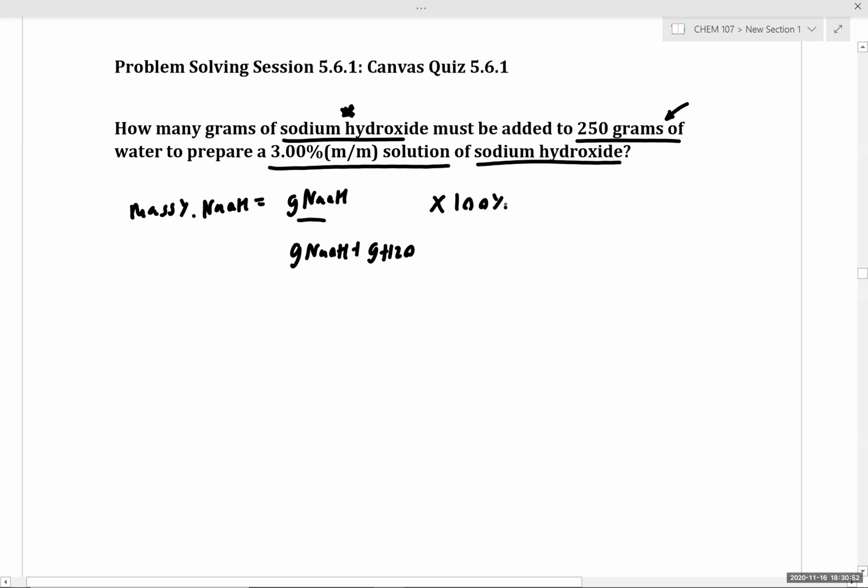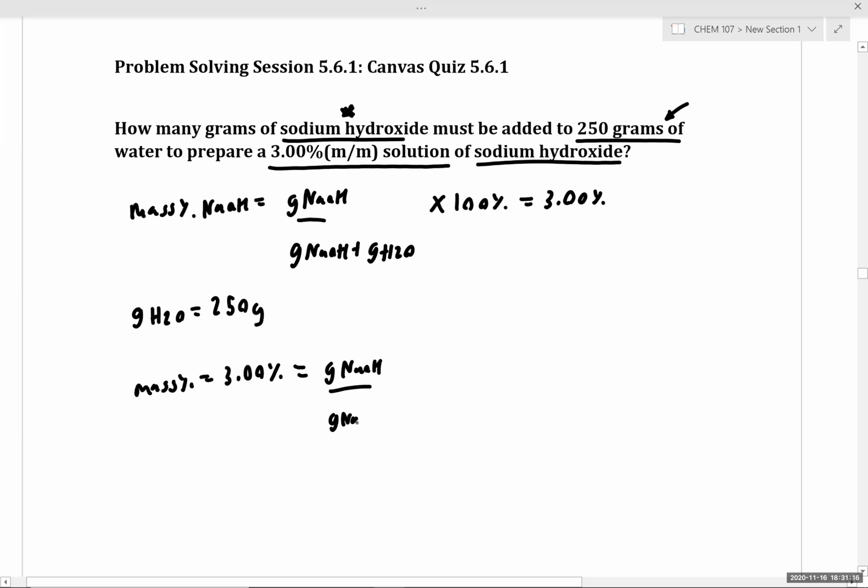Okay, so we know the mass percentage is 3.00%. We also know that our grams of water, which is our solvent, are equal to 250 grams. Ergo, our mass percentage, which is equal to 3.00%, is equal to the grams of sodium hydroxide over the grams of sodium hydroxide plus 250 grams times 100%.